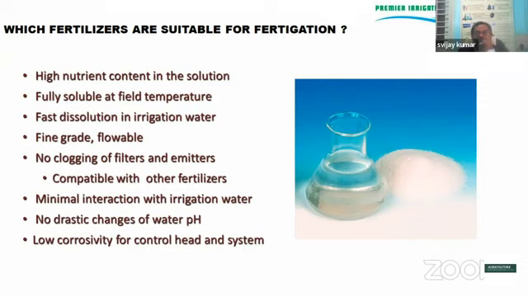In fertigation there are fertilizers that you cannot mix at one time, so you have to take care of that. There should be minimum interaction with the irrigation water, and no drastic variation in the pH of the water. And of course, it should have low corrosivity for the control head and system. Of course, this is taken care of, but nevertheless these are the desirable qualities for fertigation.